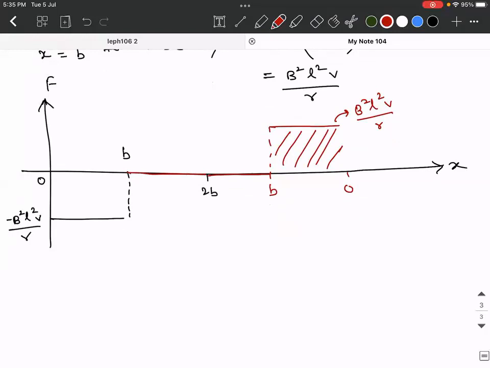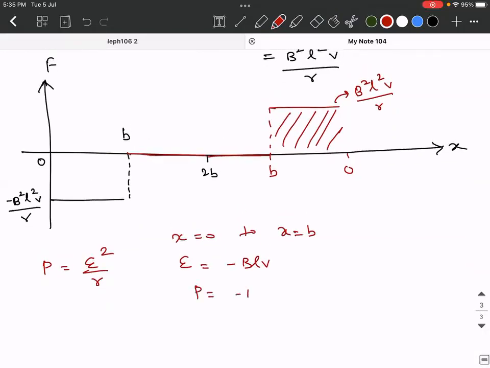And what is the last value? Power. So what is the formula for power? Power is equal to v square by r. So can I write it as e square by r? What is the value of e? Again, from x equals 0 to x equals b, the value of e is minus BLV.